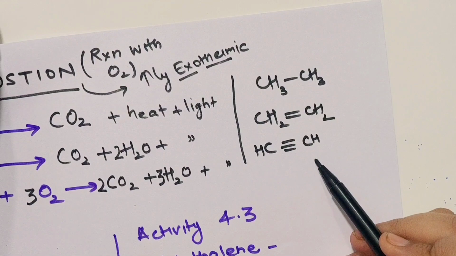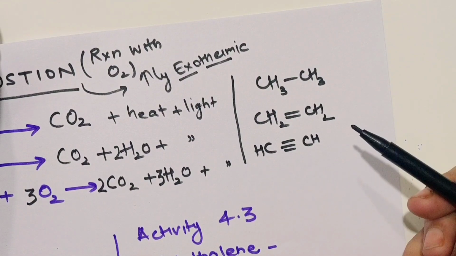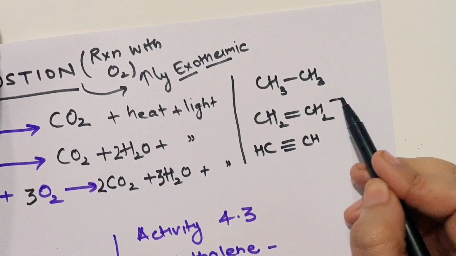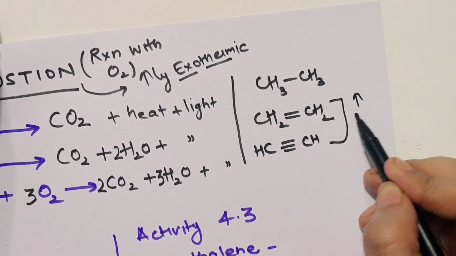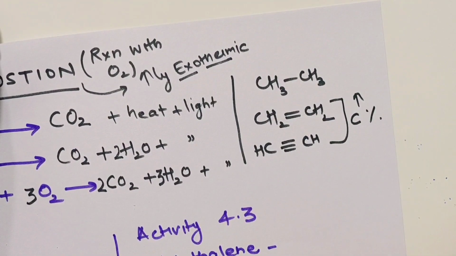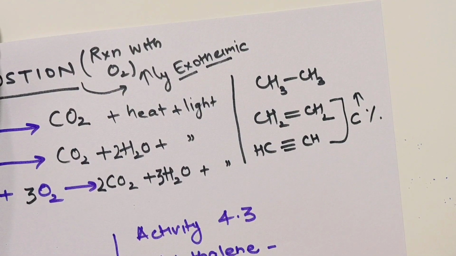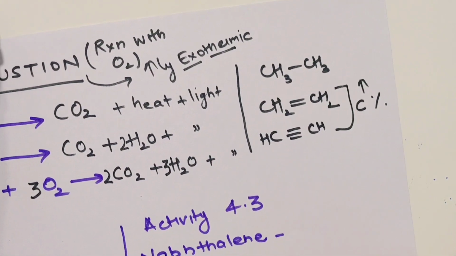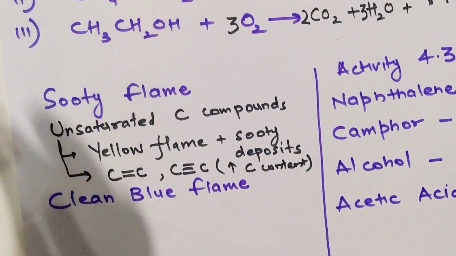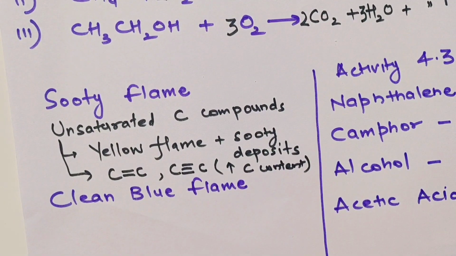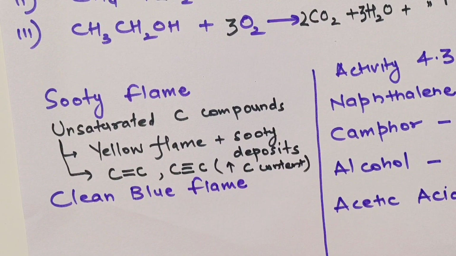Less percentage of hydrogen means high percentage of carbon. That is why we say that they have high carbon percentage or content. So what's the problem if they have high carbon content? If they have high carbon content, all of it does not get completely combusted. There would always be some carbon which will be left unburnt, and that carbon is the soot.